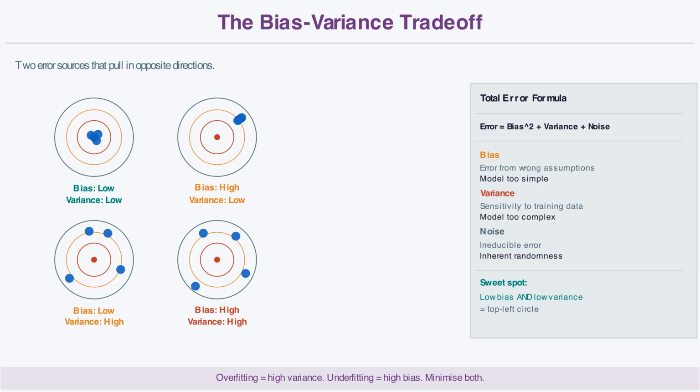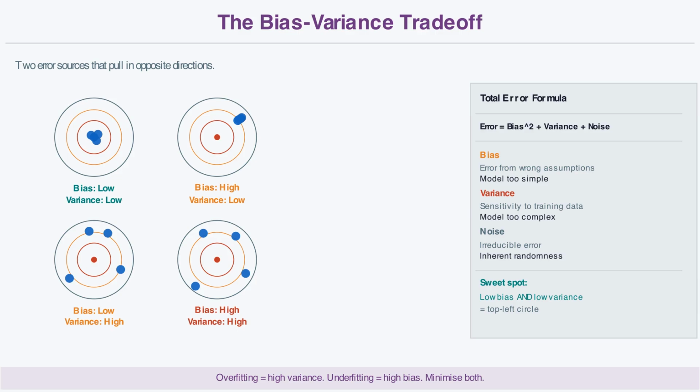This is underfitting. Bottom left, low bias, high variance. Your arrows are centered around the right area on average, but they are scattered everywhere. Sometimes close, sometimes far. This is overfitting. The model is sensitive to which training examples it saw. Bottom right, high bias, high variance. Wrong and scattered.